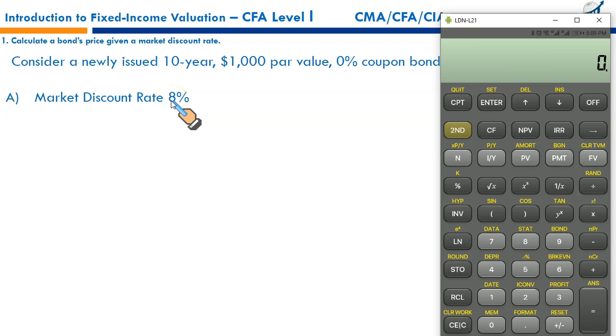So what you will do, 10 as your periods. There is no payment, PMT 0. The future value, the par value, the redemption value at maturity is 1000 FV, right? The discount rate is 8.